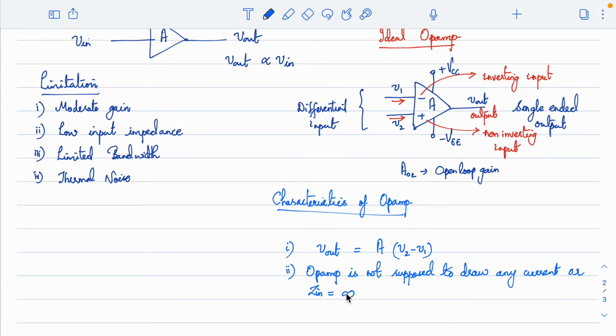So you can see that we haven't marked any input resistance between these two terminals, or it is left open, meaning that for an ideal op amp what we assume is the input impedance remains infinity.